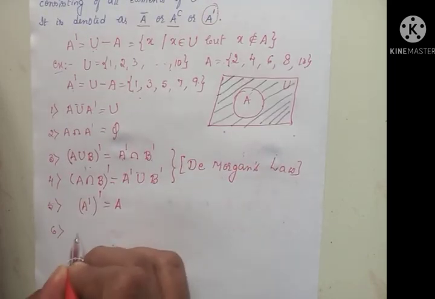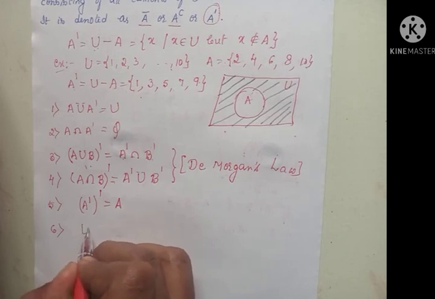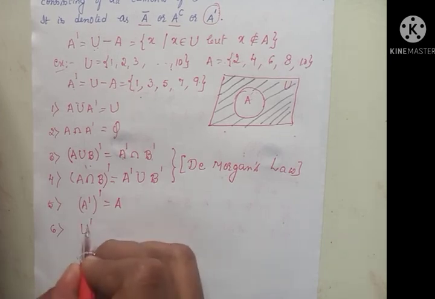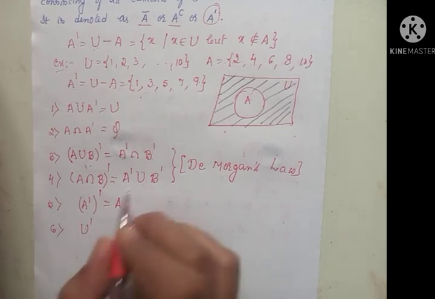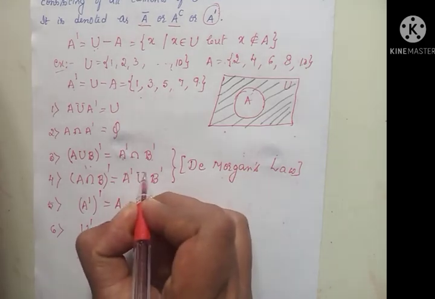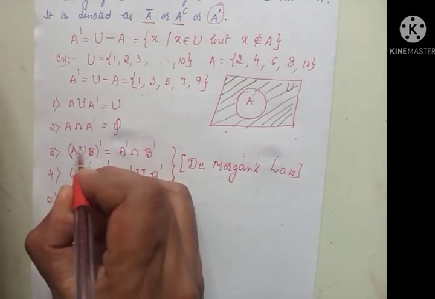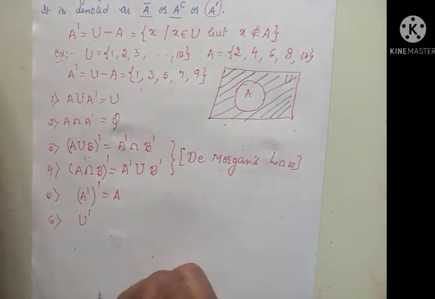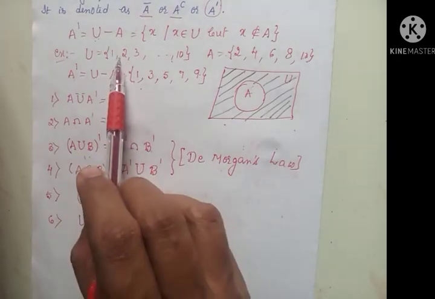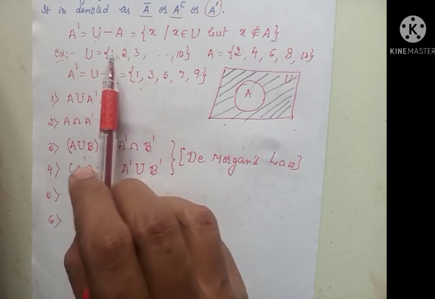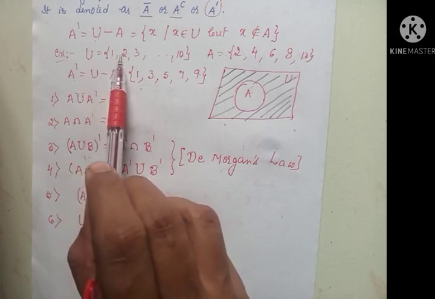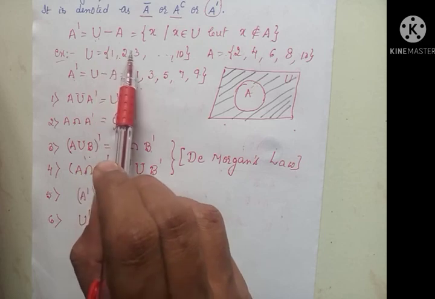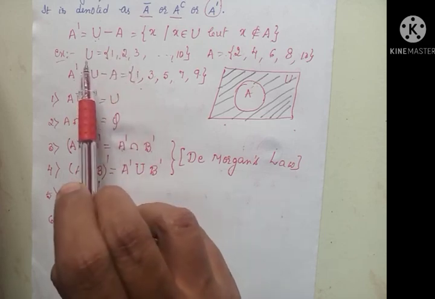Similarly, if you take the complement of this universal set, this is U, a universal set. I have written union like this. Don't get confused. This is the intersection and this is simply the universal set. If you take the complement of this universal set, that is U minus U. Anyway, whatever may be the set, you have to subtract from the universal set.